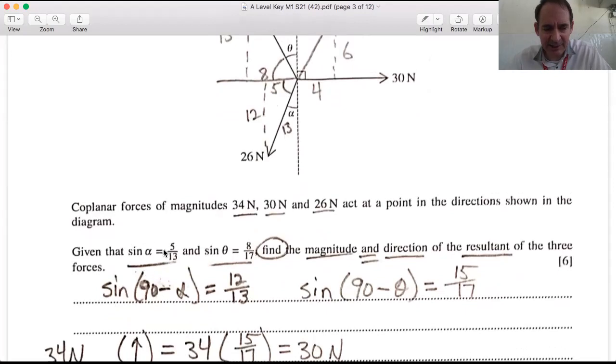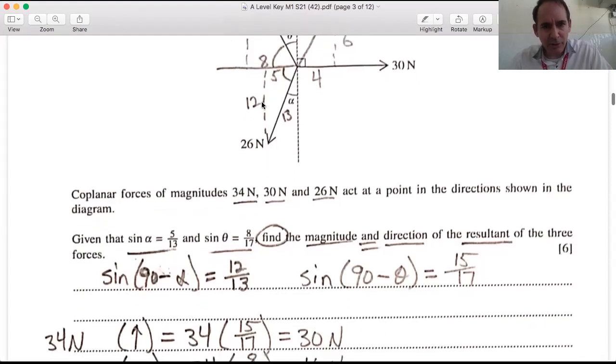Sine is the opposite over hypotenuse. It gave us the 5 and the 13, and then we come up with the 12 with your Pythagorean theorem. So 12/13 will be the sine of the angle that's next to the x-axis.